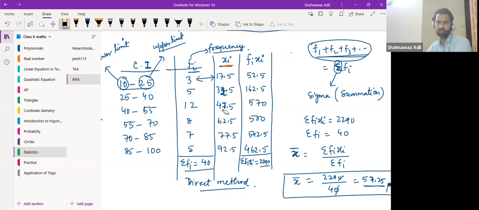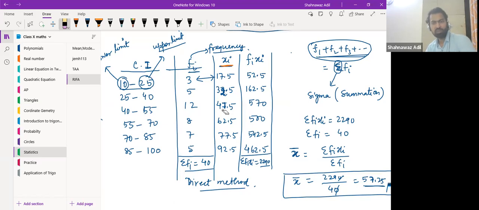So to find the mean, we use either the direct method or the assumed mean method. We can use three methods, right? One is direct, the other one is assumed mean, and the third one is step deviation. So you will ask that we have one method, then why did we need these other two methods?